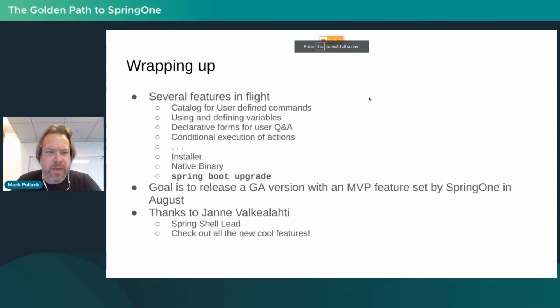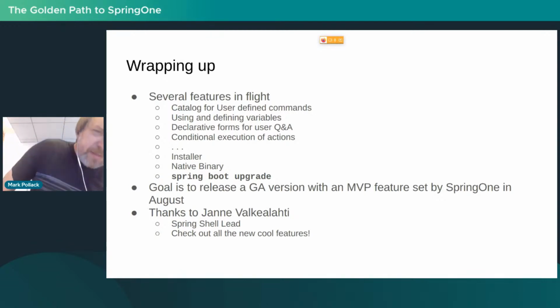All righty, that's it. Wrapping up, 5 minutes. Okay, a little longer. So there are several features in flight. The catalog for user-defined commands. Lots of work around variables that helps with what I was showing earlier, where you sometimes need to set a few specific variables for use when deploying, for example.